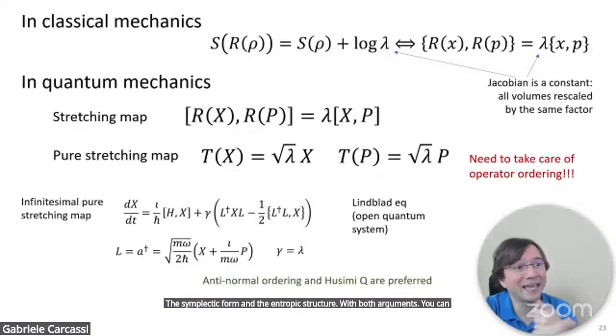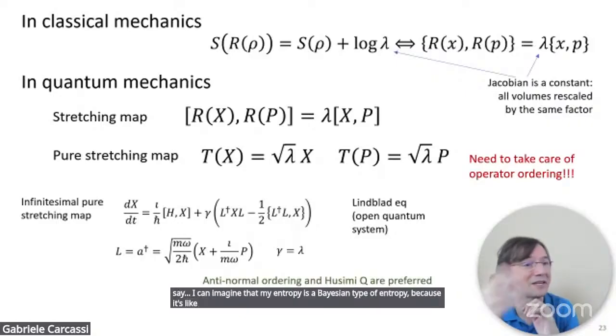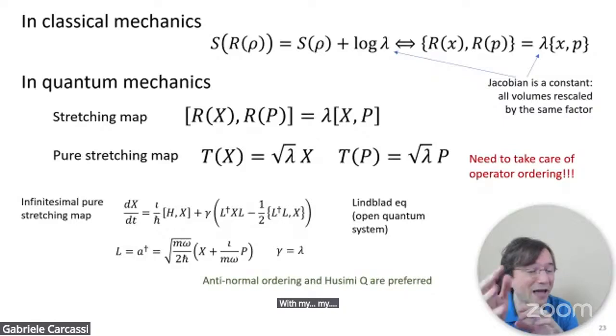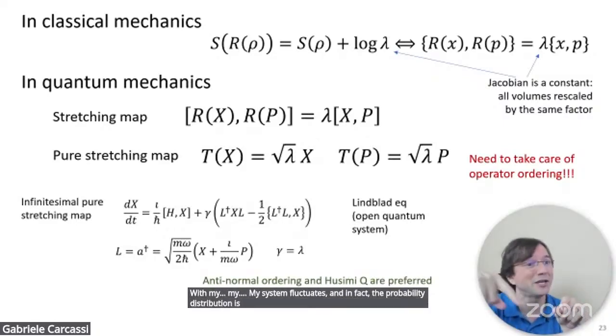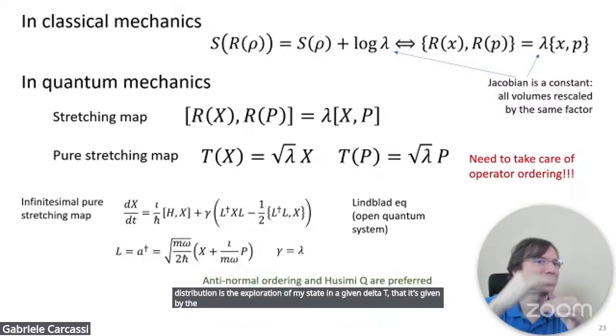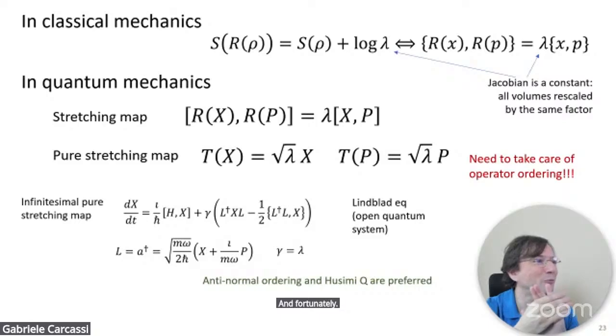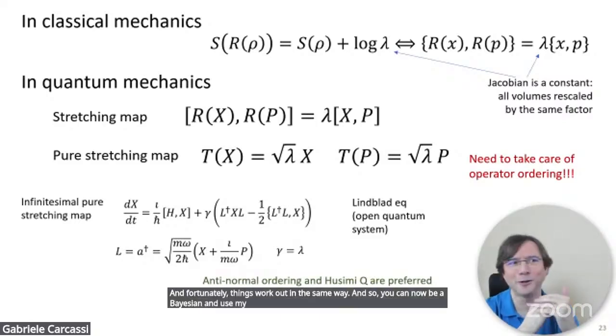You can imagine that my entropy is a Bayesian type of entropy because it's lack of knowledge, or it's because there is an internal system that is making my system fluctuate. And in fact, the probability distribution is the exploration of my state in a given delta t, given by the time scale of the definition of my microstate. And fortunately, things work out in the same way. So you can be a Bayesian and use my argument, or hate Bayesian and still use my argument.